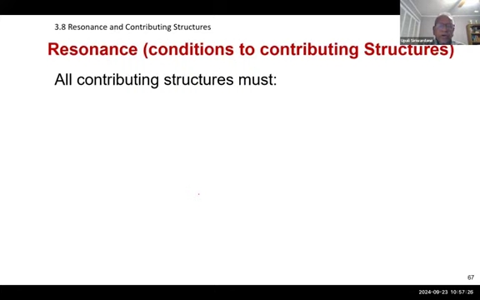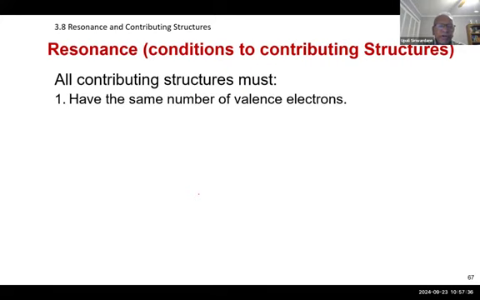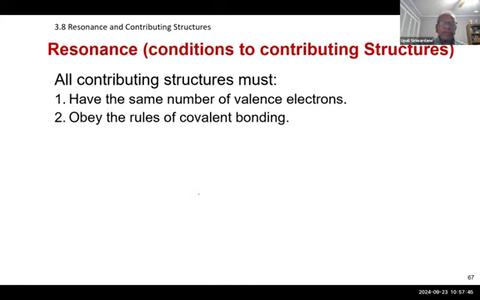All these are the criteria for acceptable contributing structures. All contributing structures must have the same number of valence electrons. That's true. We didn't remove electrons. We only reshuffle.